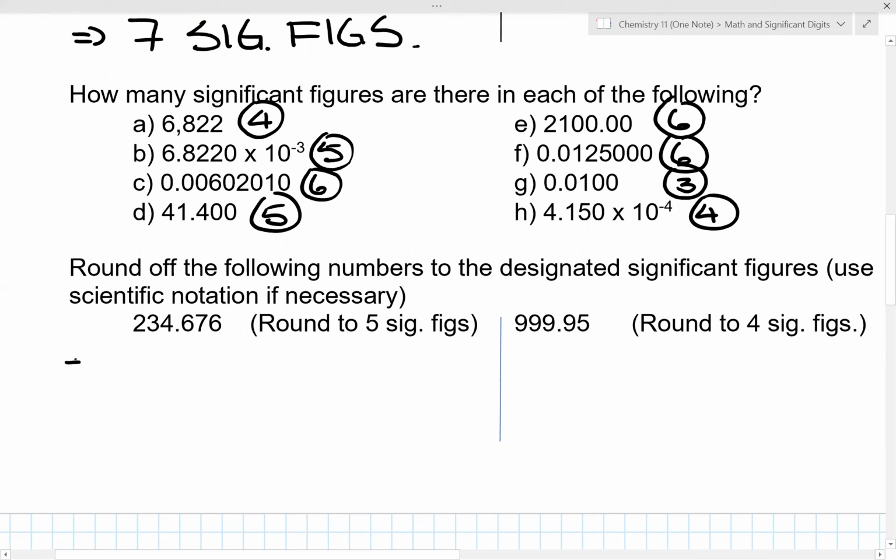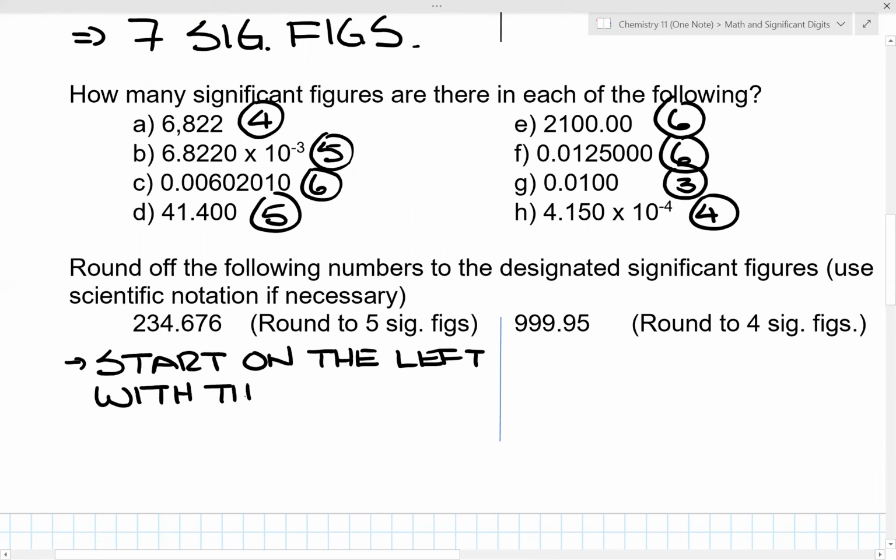What you do to figure this out is start on the left with the first sig fig. I'll just use SF.